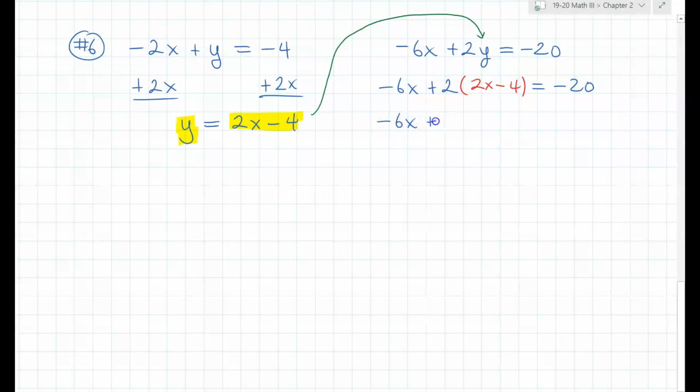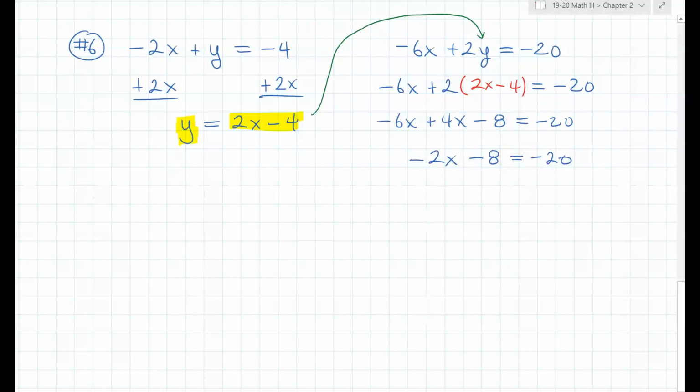Negative 6x plus 4x minus 8 equals negative 20. Okay, so there you go. Left side, I have two variables, but I can combine them. I don't need to move them left to right. They're just together. So negative 6x plus 4x, negative 2x minus 8 equals negative 20.